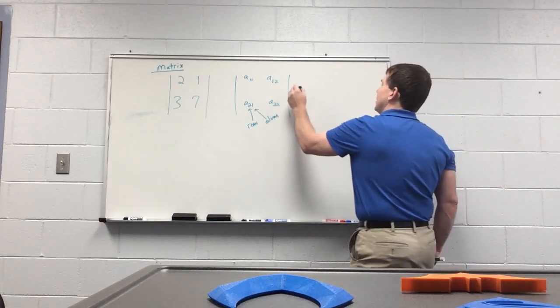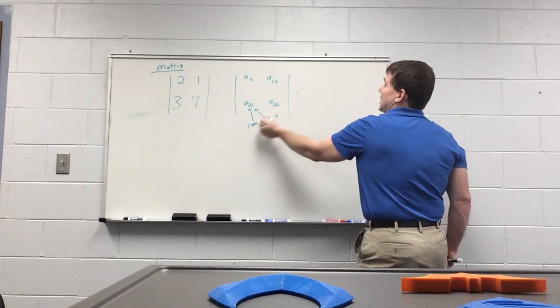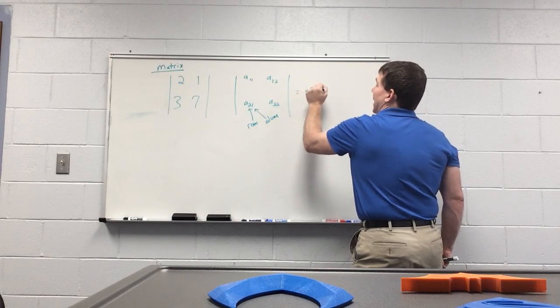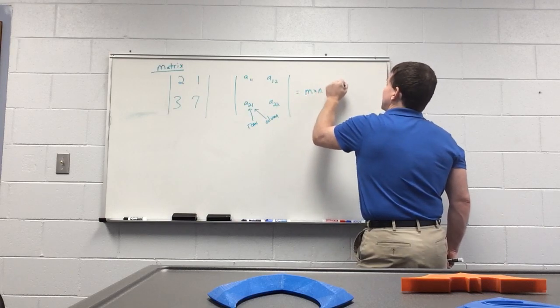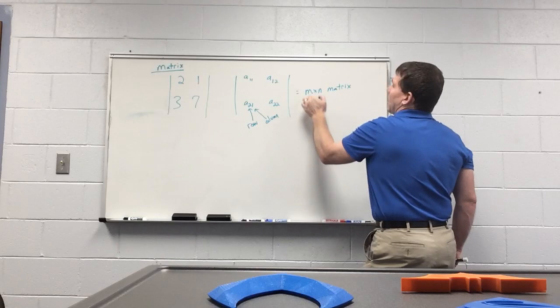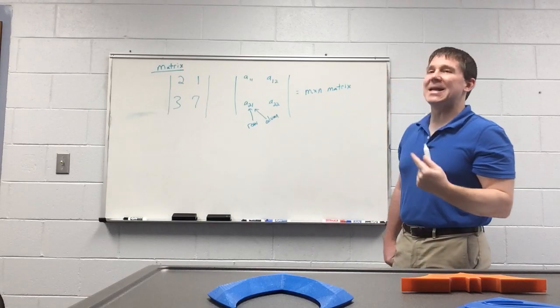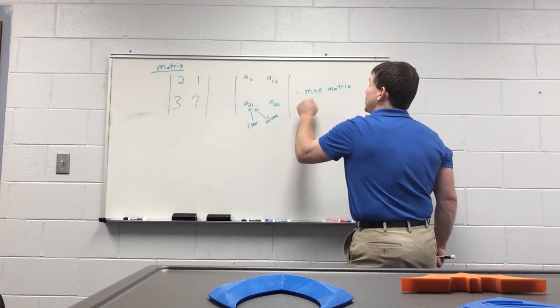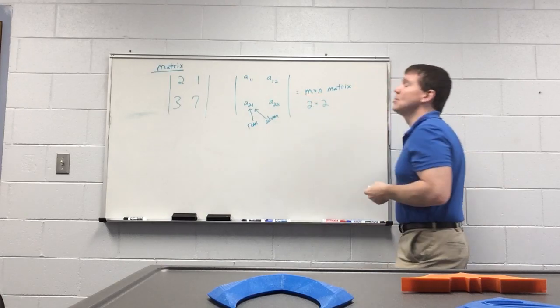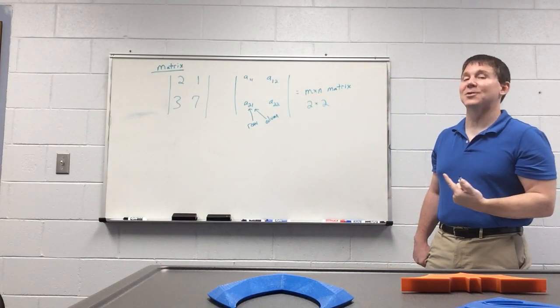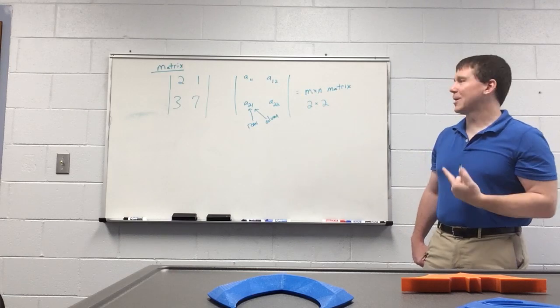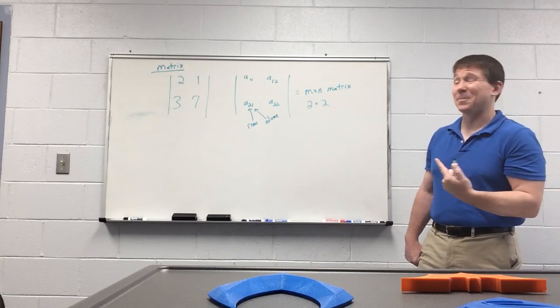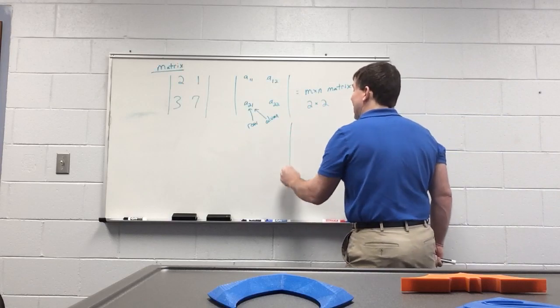In general, we just have an M by N matrix, where M is the number of rows and N is the number of columns. In this case, this has 2 rows and 2 columns, so it's a 2 by 2 matrix. It's also called a square matrix because it's a square. I don't have to have it that way.